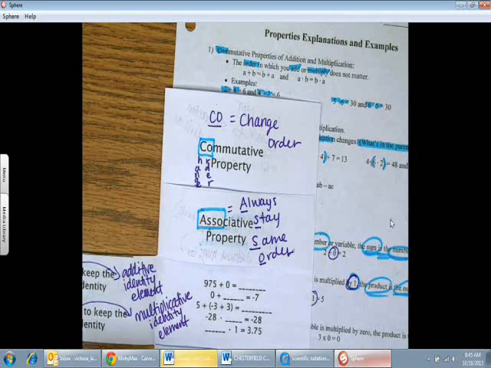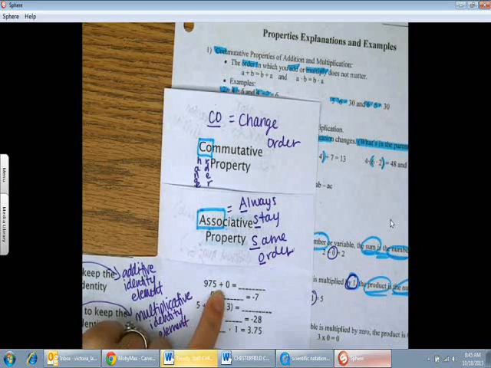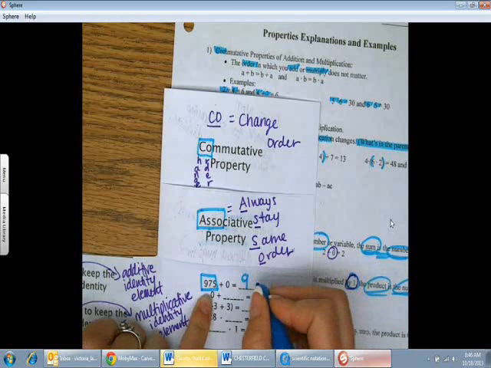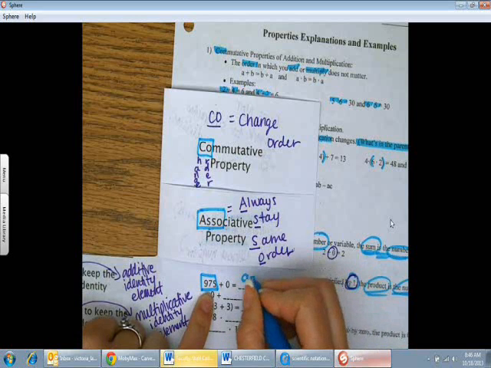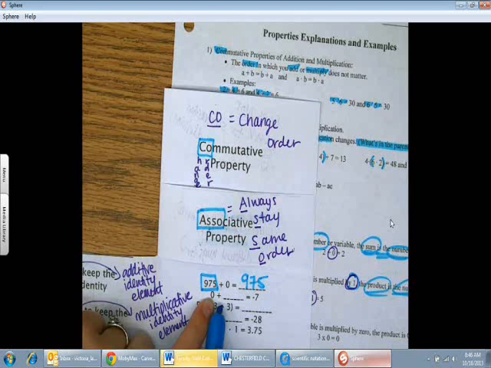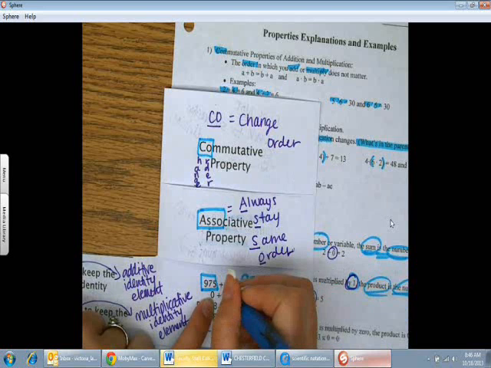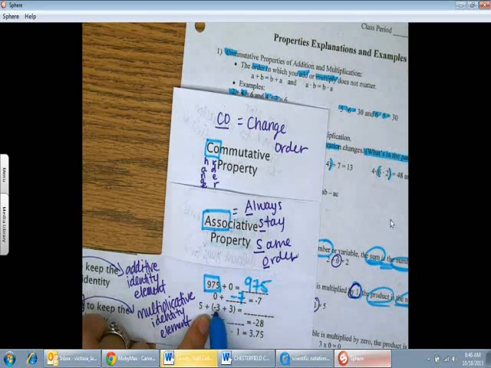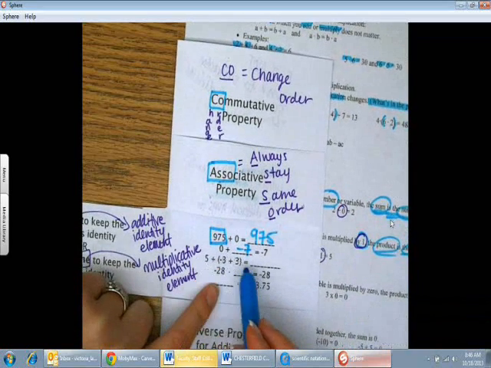So when we're adding by 0, we still get the same number. 975 is still 975. What can we add to 0 to get negative 7? Well, it's going to be negative 7. Okay, this together, negative 3 plus 3 gives you 0.